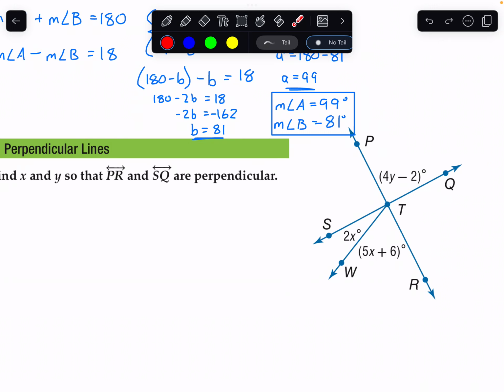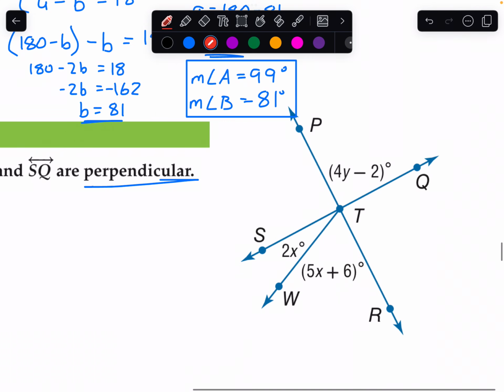From knowing that they are perpendicular, I know that something must be 90 degrees. Looking at this, line PR and SQ are perpendicular. That's 90, that's 90, that's 90, this is 90.